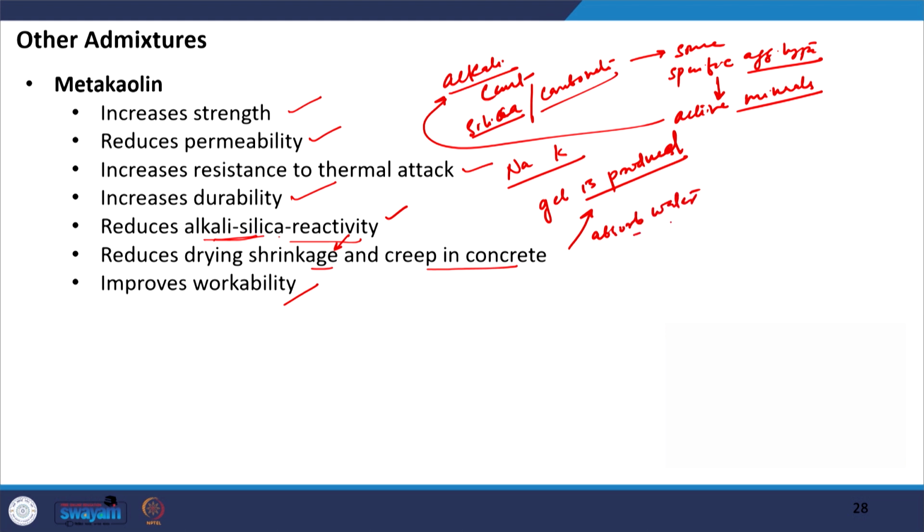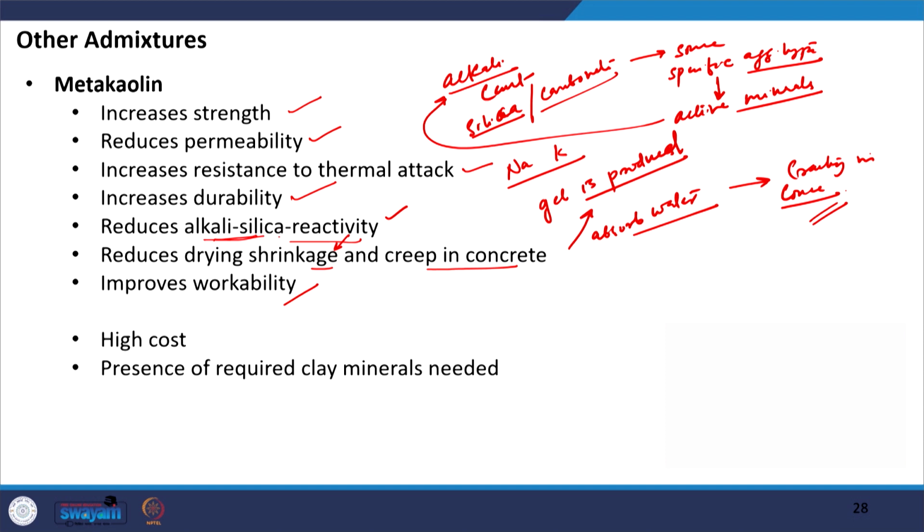Now, since it absorbs water, there is a huge increase in the volume, which further leads to cracking in the concrete. Okay, so this is about the alkali silica, or similarly if we have carbonate, then alkali carbonate reactions, and the use of metakaolin can reduce such reactivity.